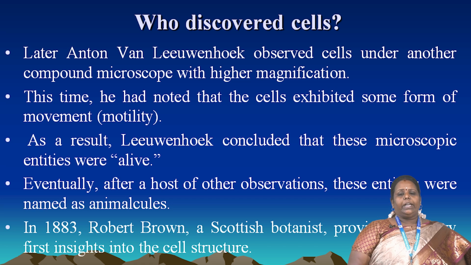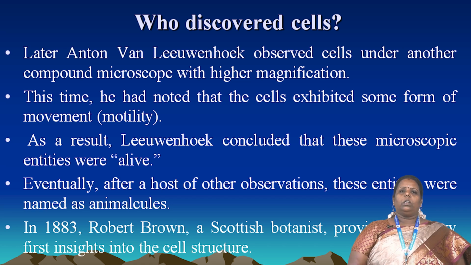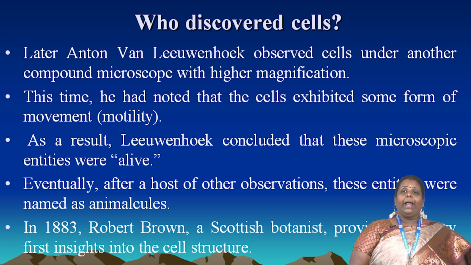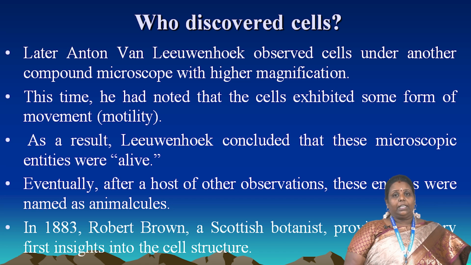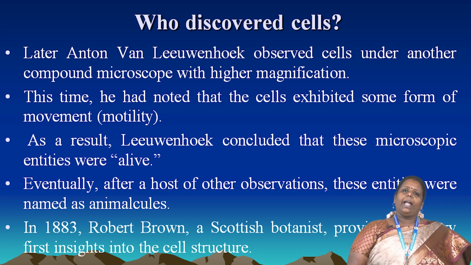After the identification by Robert Hooke, a later scientist, Anton von Leeuwenhoek, observed the cell under a compound microscope with high magnification. Why is the magnification high resolution? Because only then can we see the internal structure of the cells. This time he noticed that all the cells exhibited some form of movement.